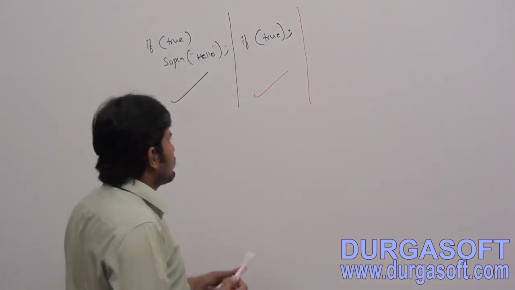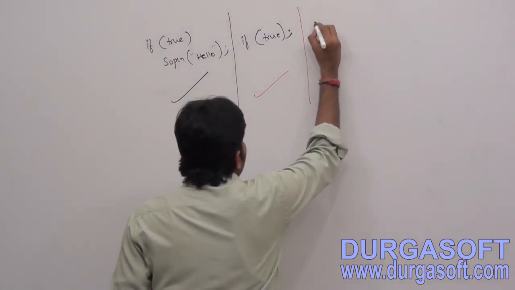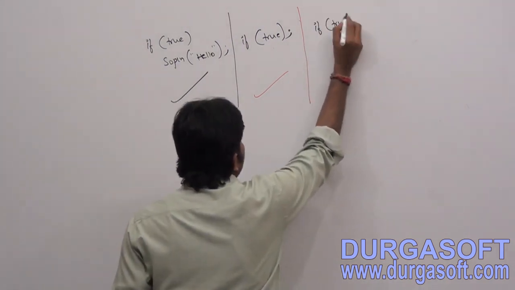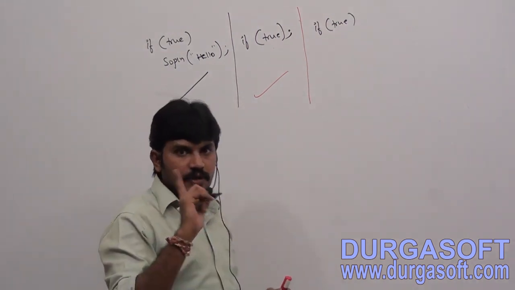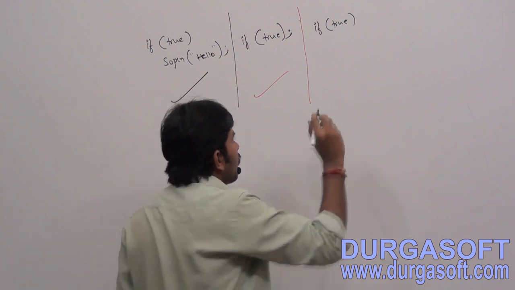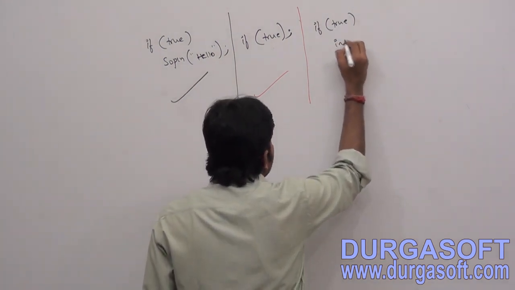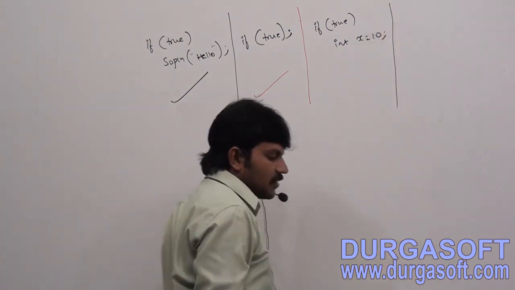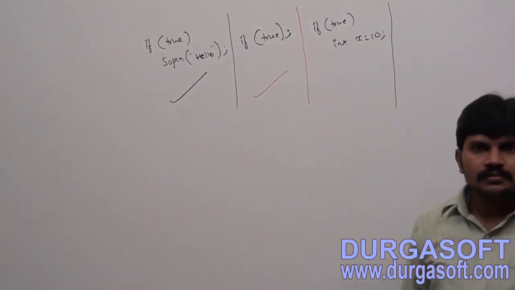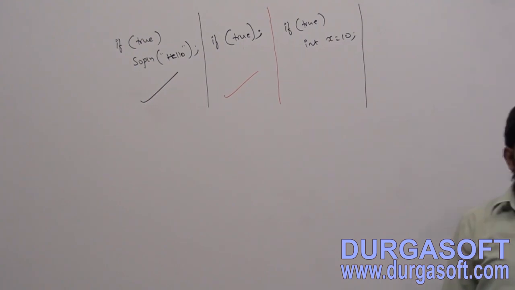Okay, next one, if of true, int x is equal to 10. The people who attended already, be silent so that the remaining people can think. Valid or invalid? How?